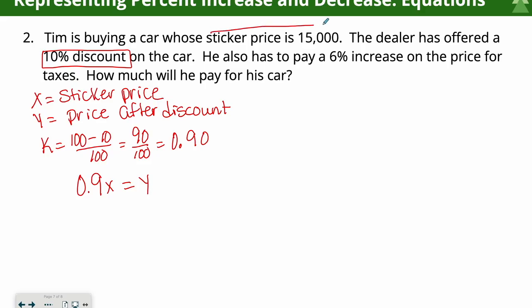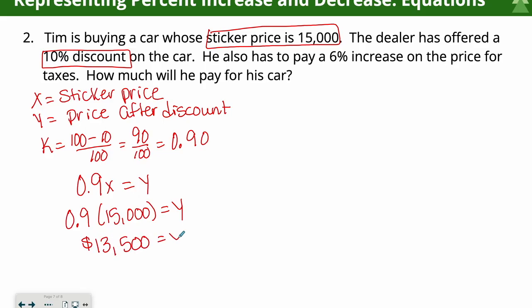What do we know? We know the original amount. So I'm going to replace x with $15,000 and multiply by 9/10, and we end up with $13,500 for the discounted price.